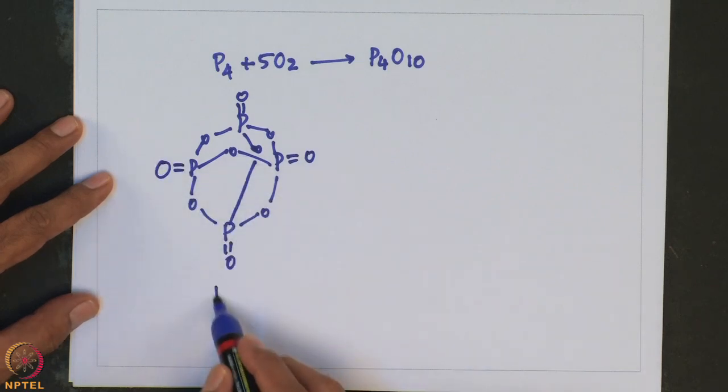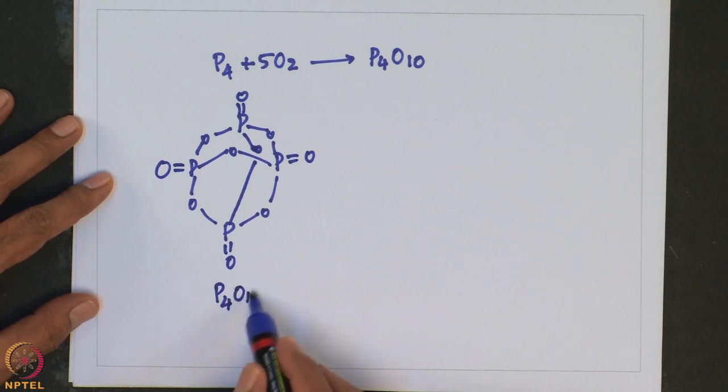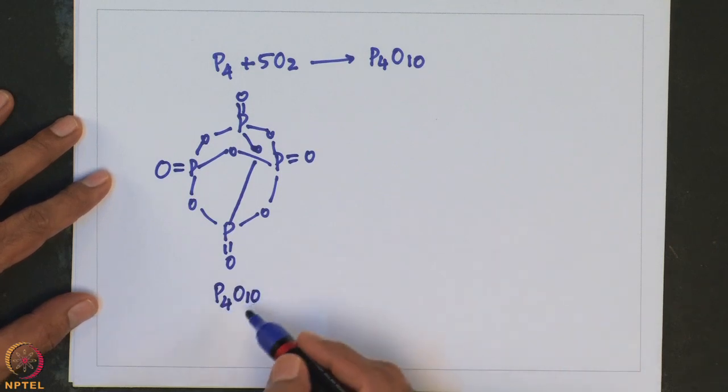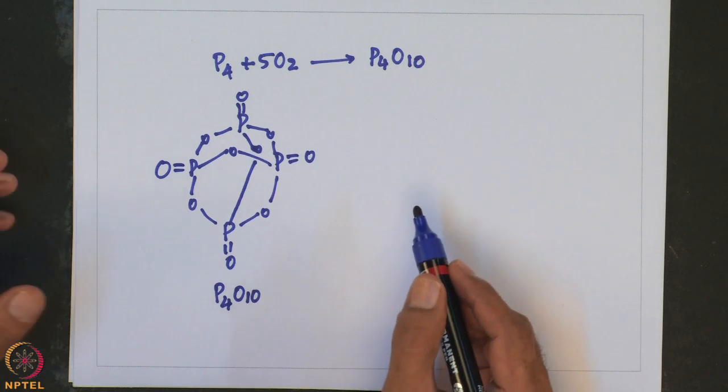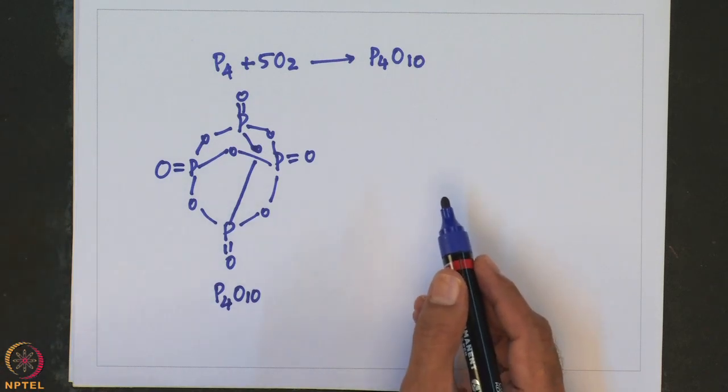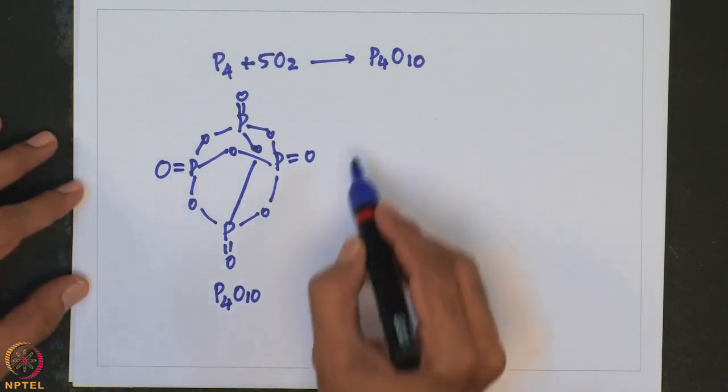So, this one is P4O10. Of course, P4O10 is highly hygroscopic. It can readily undergo hydrolysis to form phosphoric acid.